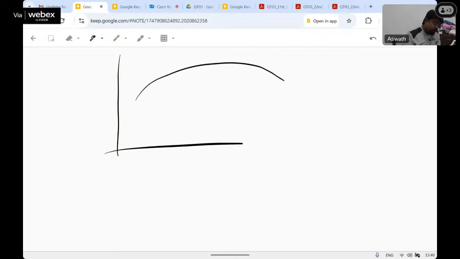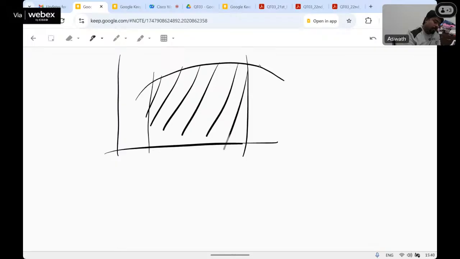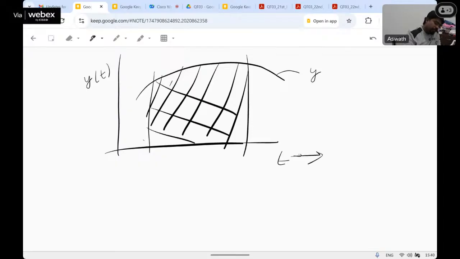Integration is nothing but finding the area below the curve. If this is a curve y of t with respect to some time t, integration is nothing but finding the area below that curve.